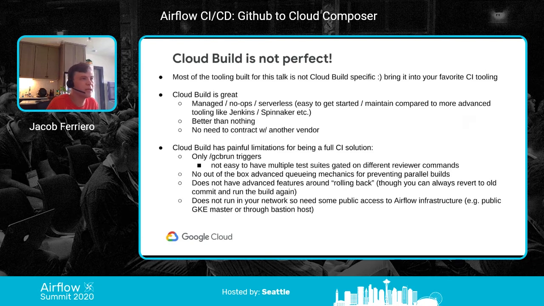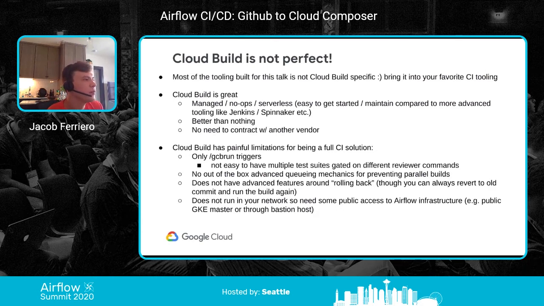Cloud Build does have some painful limitations. Specifically for GitHub triggers, /GCB run is a special kind of comment you can use to trigger a Cloud Build. Unfortunately, it's the only special kind of comment. So this is not as flexible as something like Jenkins, where you could have a separate comment for pre-commit and post-commit to run different builds or different test suites.